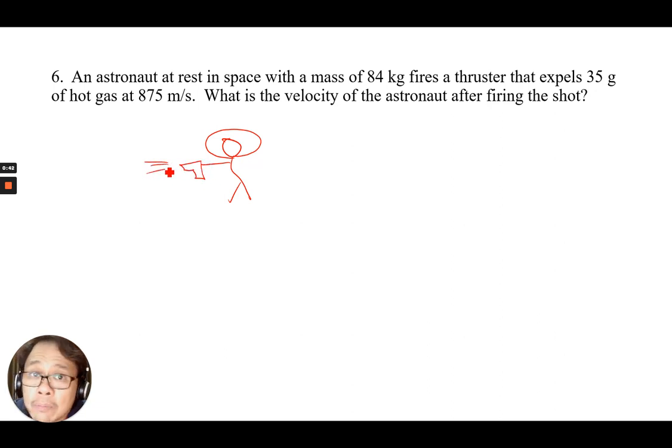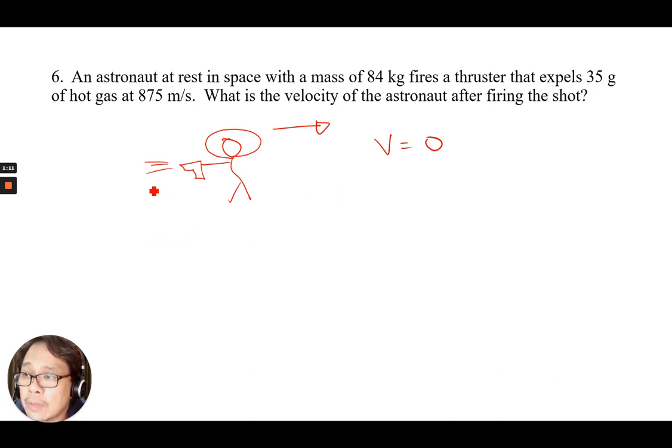In space, you would not be able to travel without firing thrusters, because if you want to move to the right, you have to direct your thruster to the left, and vice versa. So in this case, the astronaut is directing the thruster to the left, so he wants to move to the right. Initially it is at rest, so V is equal to 0.